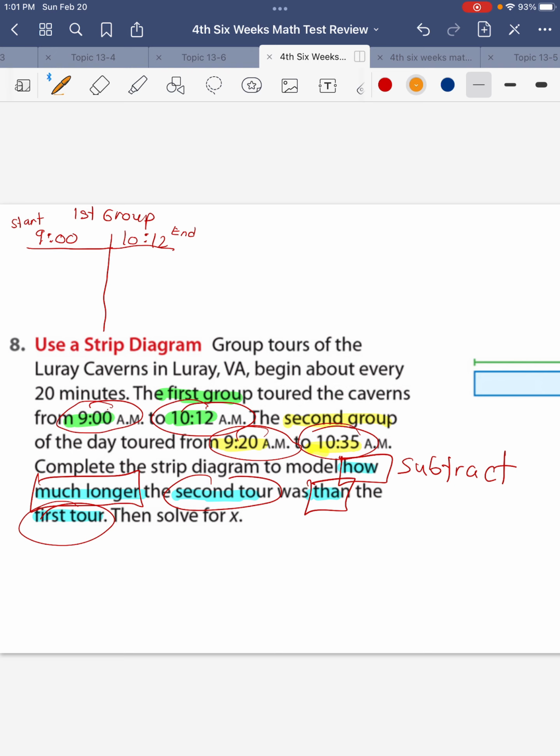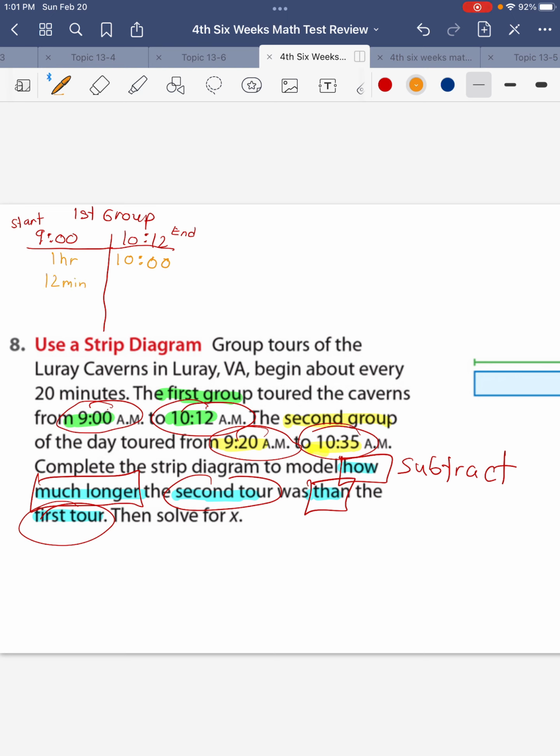I know for sure, if I look, the first thing I do is my hours. They have different numbers. I have 9 and I have 10. So I for sure know that an hour went by. So I'm going to put 1 hour here. If I add 1 hour to 9 o'clock, I get 10 o'clock. But I need to get to 10:12. So next I'm going to add 12 minutes.